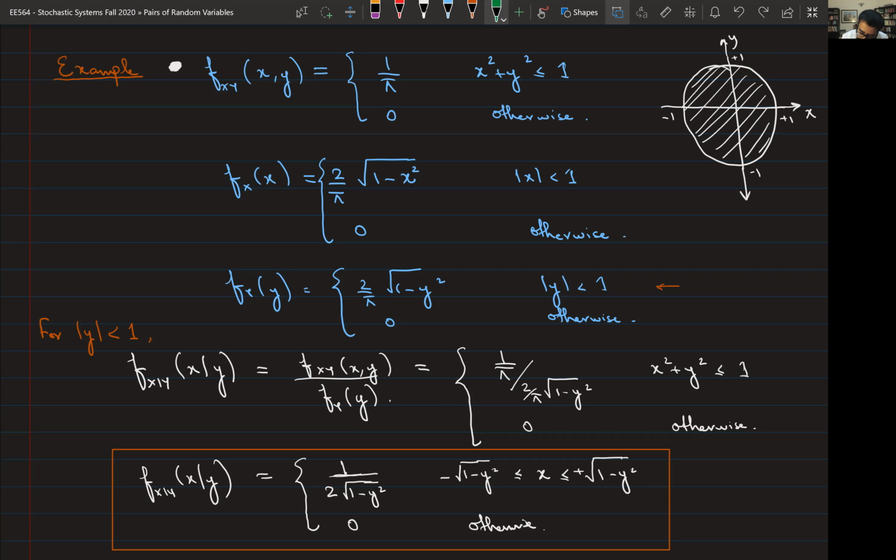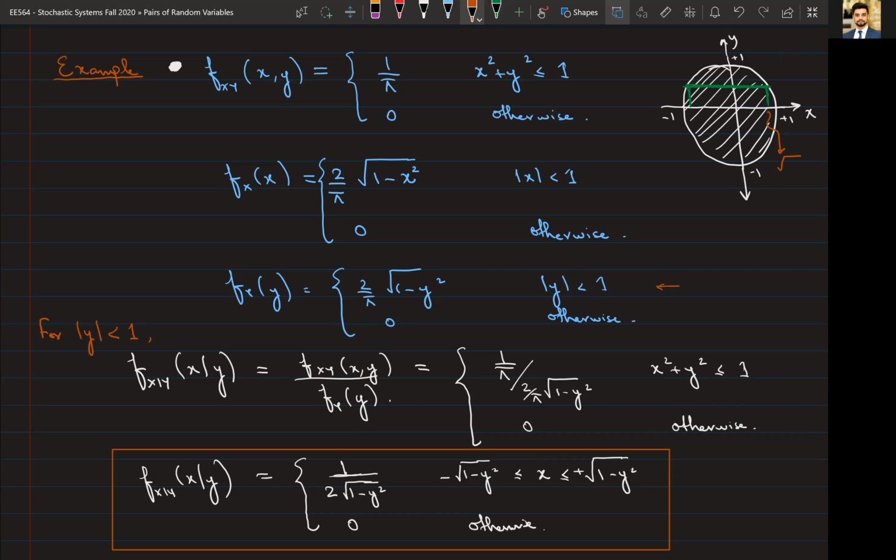Given that y equals 0.5, let's say, x ranges between what and what? X ranges between this value, which is the square root of 0.75.